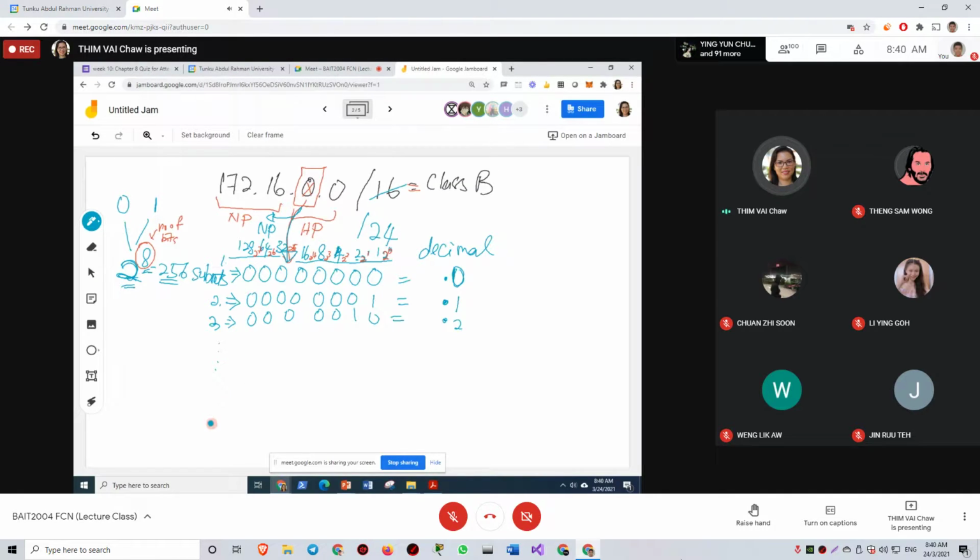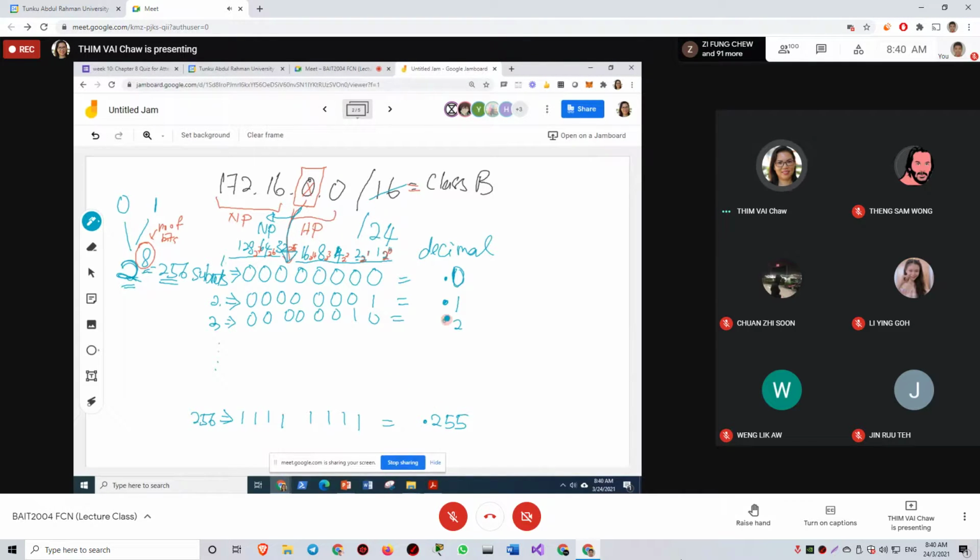From here, the last bit pattern, number 256, the last bit pattern should be 1, 1, 1, 1, 1, 1, 1, 1. So when we convert all ones into the decimal value, it is dot 255.